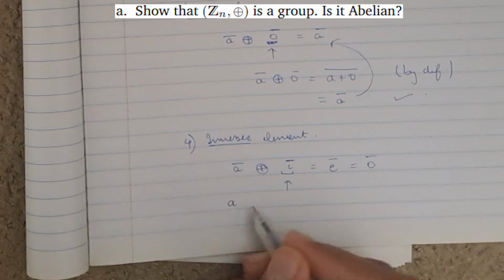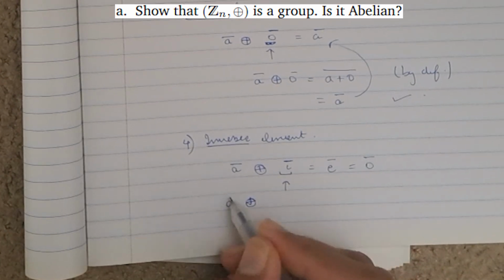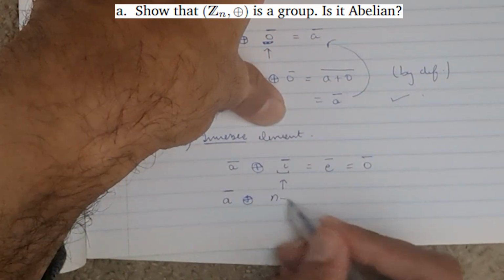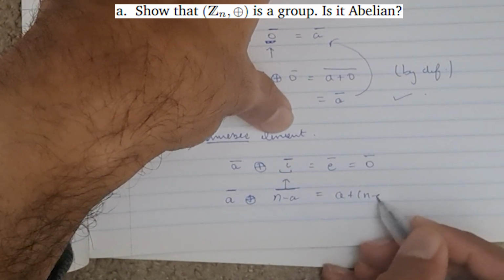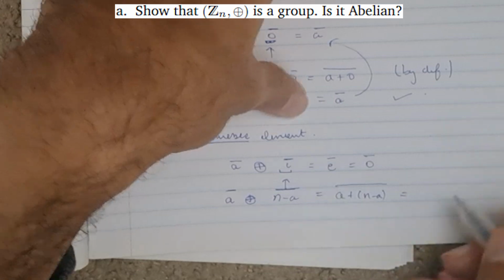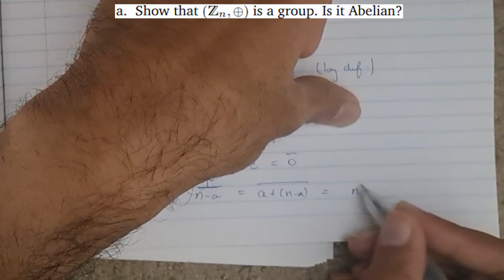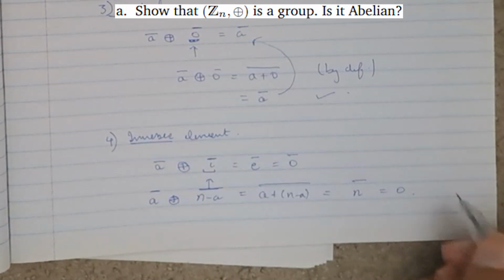Well, remember, A plus n minus A will always be A plus n minus A, this, which is going to be n congruence class, which is 0. Why?